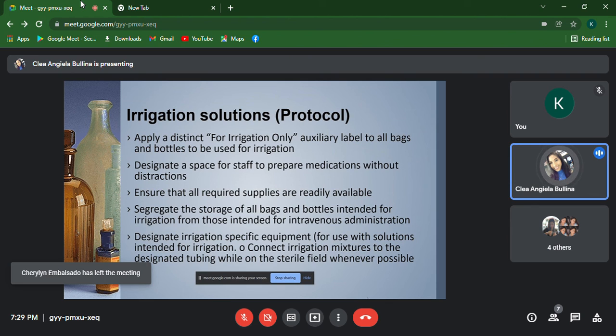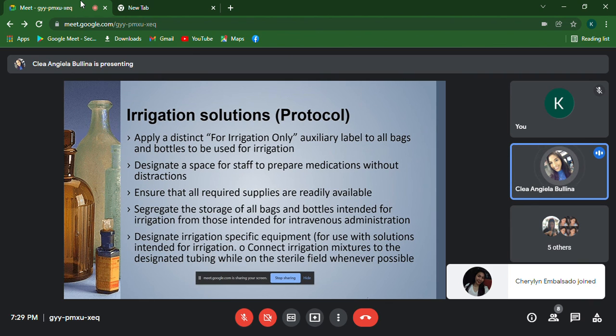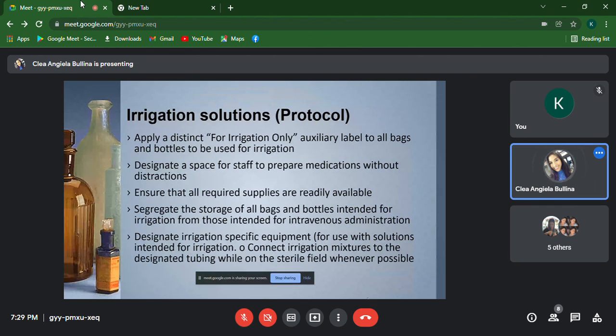Example nito is, dapat hindi mo siya ihang sa pole without any tubing attached. Do not hang the irrigation solution on the pole without any tubing attached.